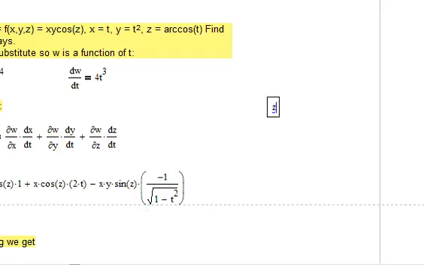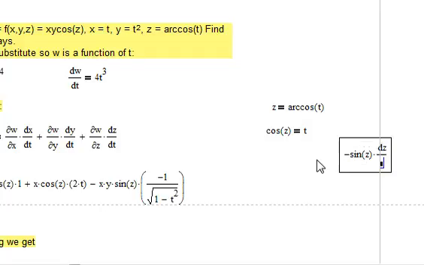Because see, if z equals arc cosine of t, then we'd have to say therefore cosine of z equals t. If we differentiate both sides with respect to t, we get the derivative of cosine is negative sine, so negative sine z times the derivative of the inside function, which is dz/dt, is equal to 1.